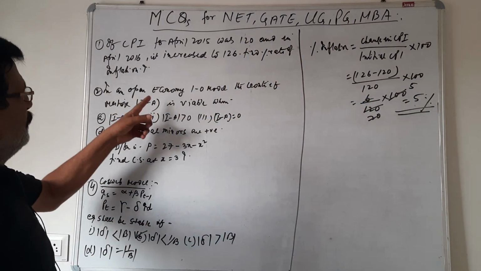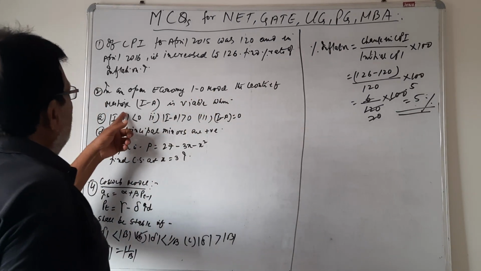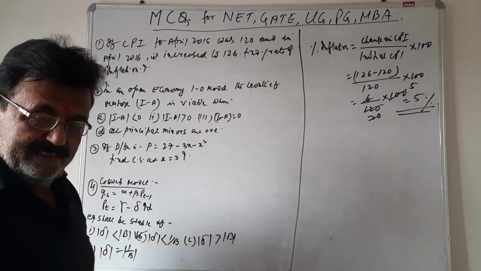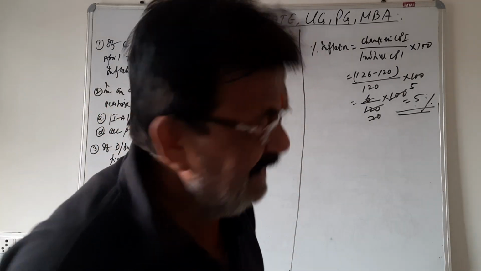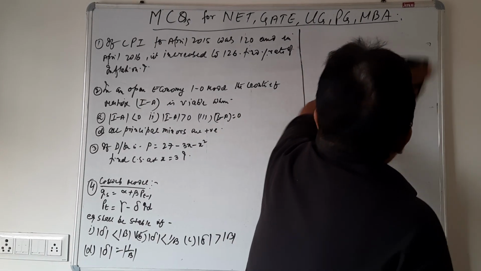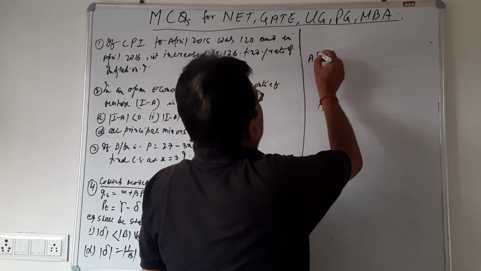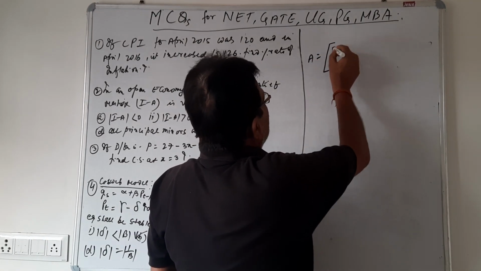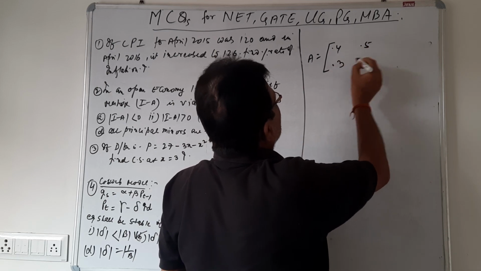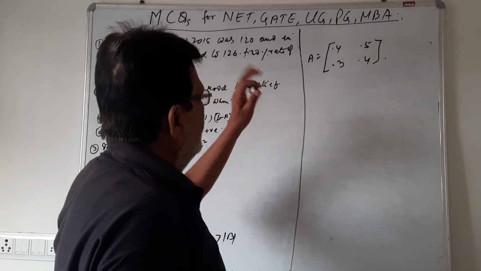Second question: in an open economy input-output model, the Leontief matrix I minus A is viable when? In input-output analysis, what is initially given is a technology matrix A. Let the 2 by 2 technology matrix A be this one. This is called the technology matrix.